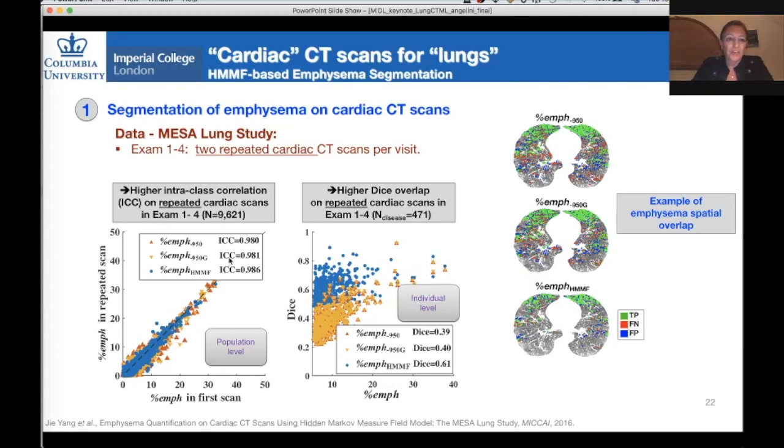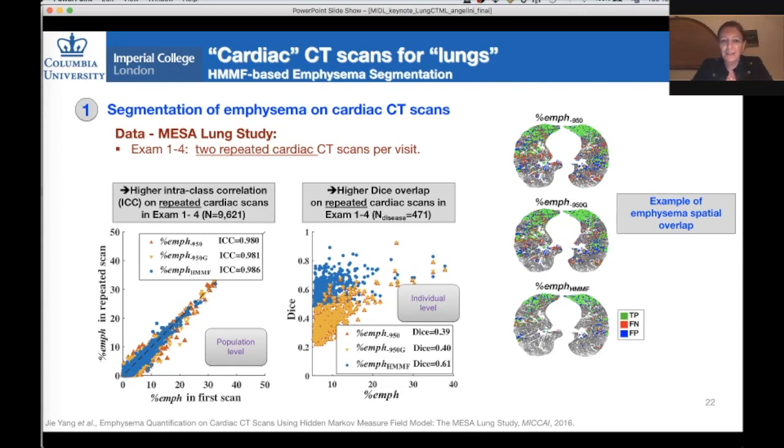So we first looked at the population-level reproducibility of percentage of emphysema measures. Here, this is again a nice confirmation that at the population level, if you compare percent emphysema in the first scan and the repeated one, any method, be it thresholding with filtering or HMMF, gives you a pretty high reproducibility.